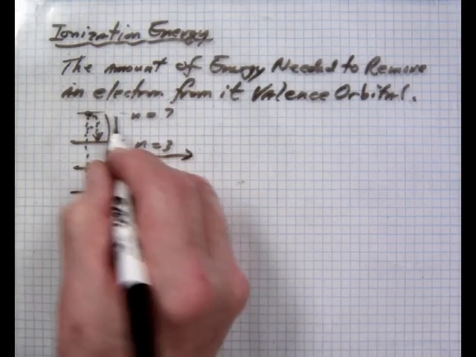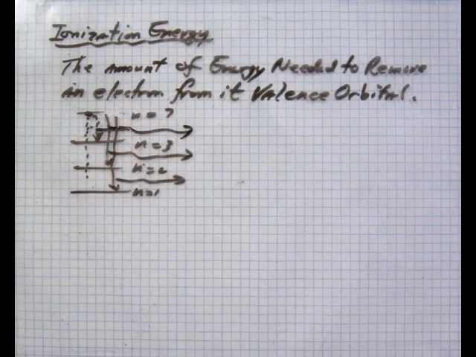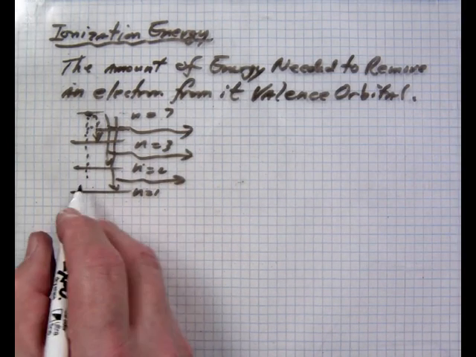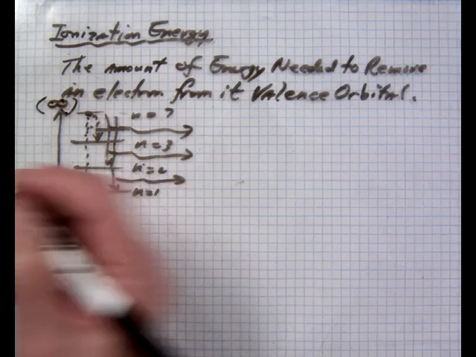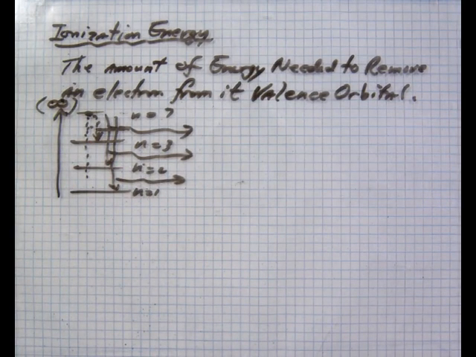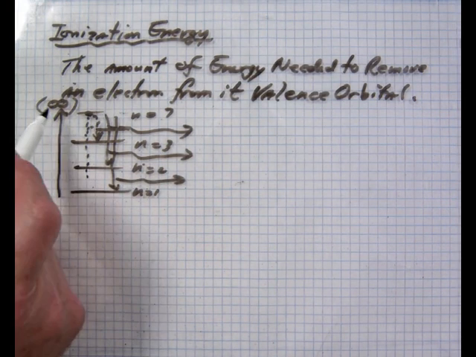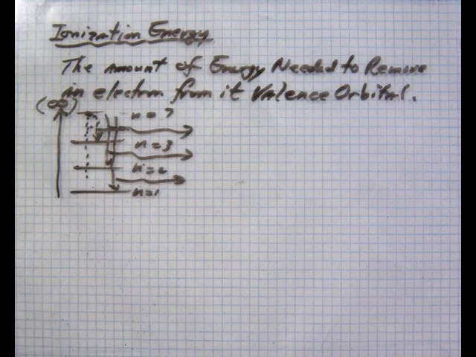You see them as bright line spectra. Well, electrons can absorb enough energy that they leave and go out to infinity and leave the presence of the atom totally. And that's the concept of ionization energy. We add enough energy to knock the electron completely away from the element.